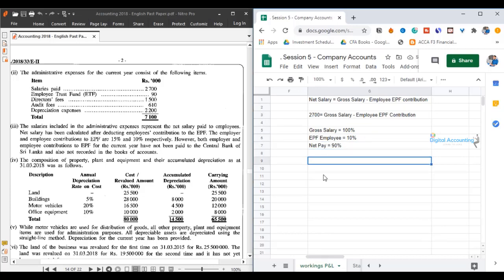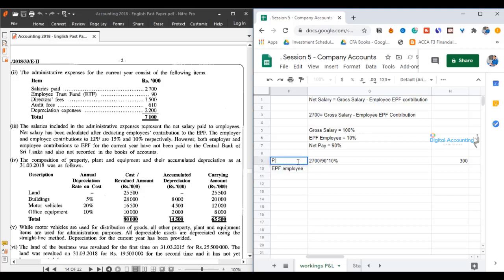Calculate employee EPF contribution. So we know this 2,700 net pay is equal to 90%. We need to find 10% of EPF. So EPF employee is 300.